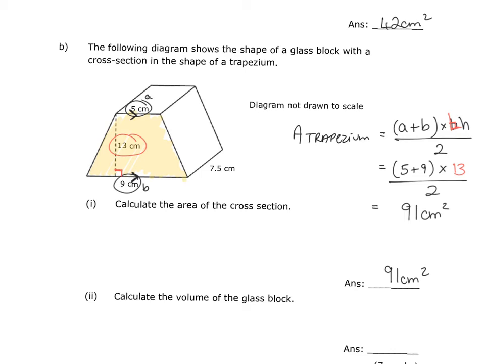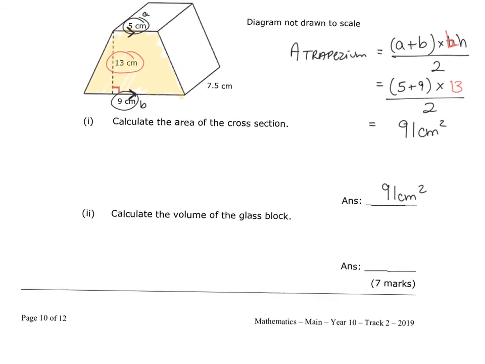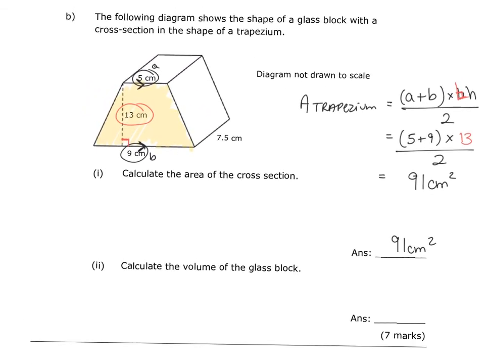Now we need to find the volume of the glass block. Now for the volume of a prism, like the one we have, we need to work out the area of the cross section, and the area of the cross section we found out is 91, times the length of the shape, and the length of the shape is this one.